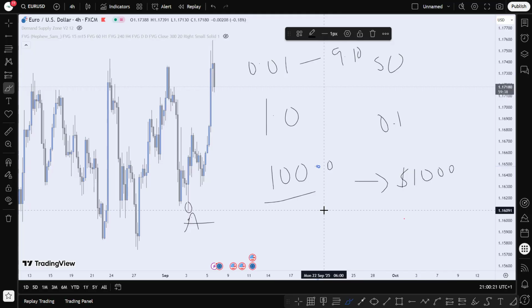Where one pip is $1,000, they've made 91 pips. How much do you think they would have made? Whatever your calculator shows you, that's what you should tell me. Just tell me the figure. How much? 9,100.